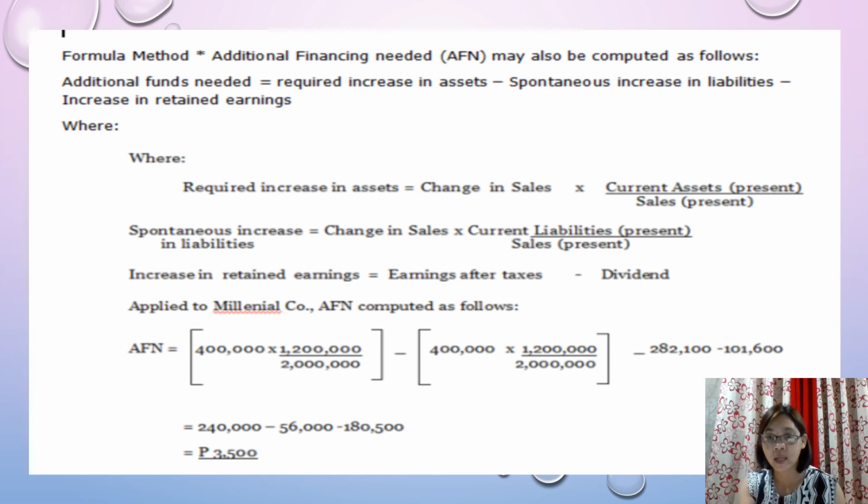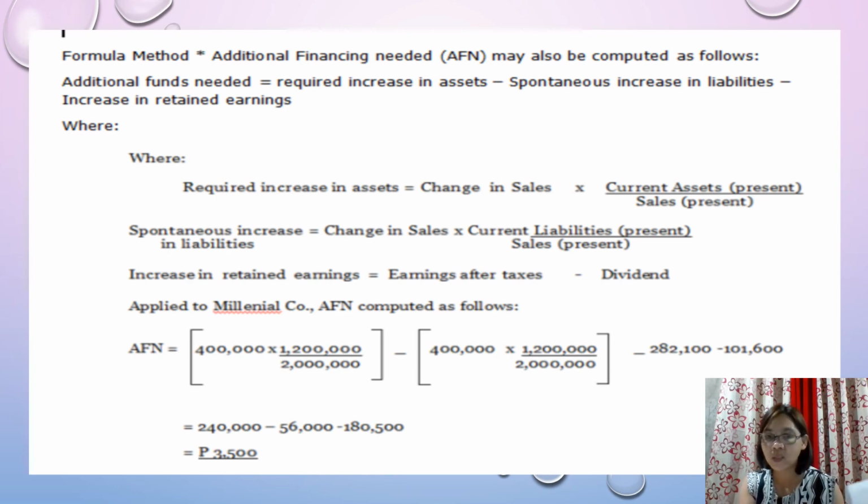And then yung sales, yung present, titignan nyo po doon sa income statement ng 2019, which is 2 million. Okay, so yung 1,200,000, i-divide po muna sa 2 million bago po i-multiply sa 400,000. So, ang naging answer po dyan is 240,000.